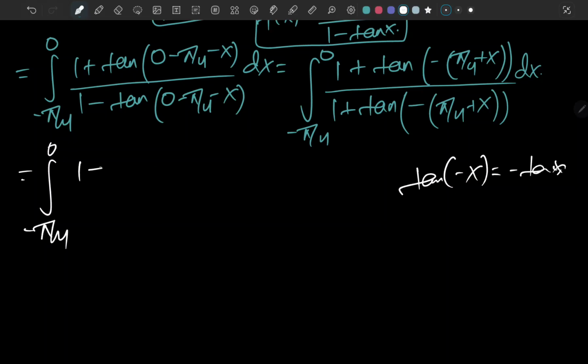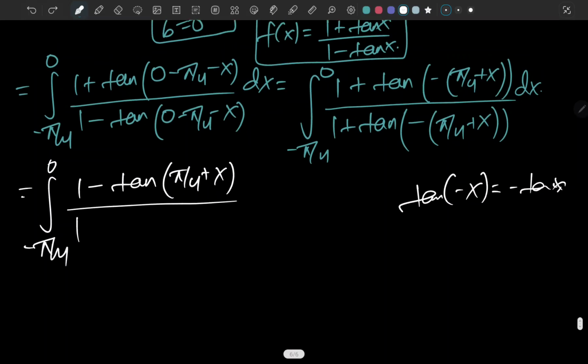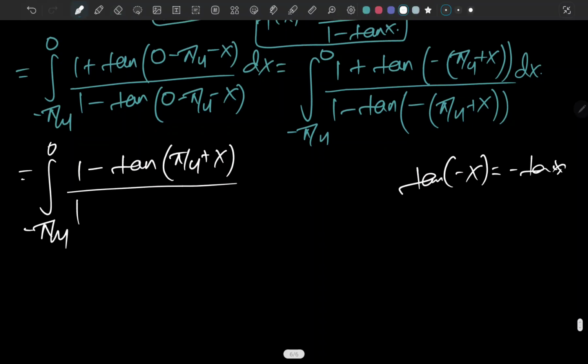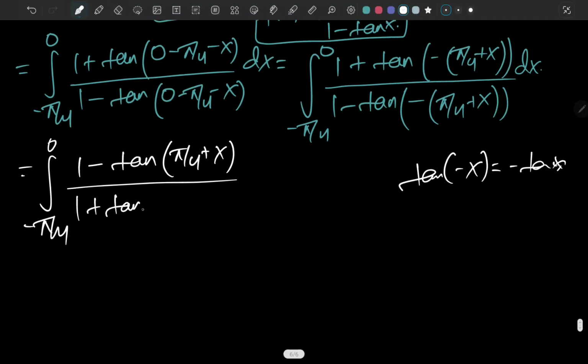So that's what we are going to use. 1 minus tangent of pi over 4 plus x over 1 plus tangent of pi over 4 plus x dx, right? So far so good.